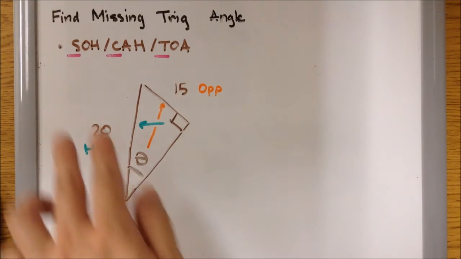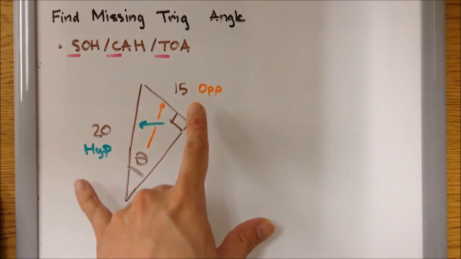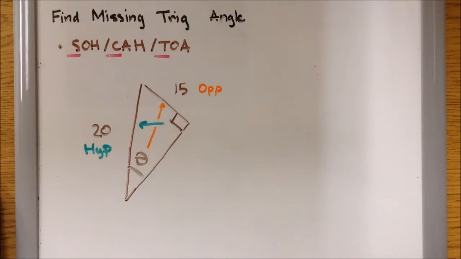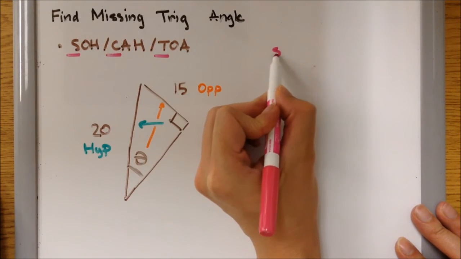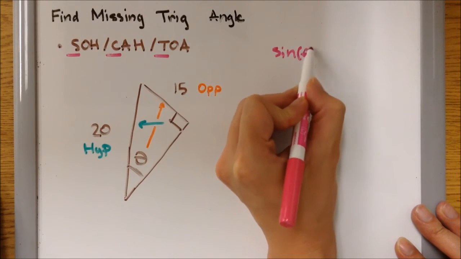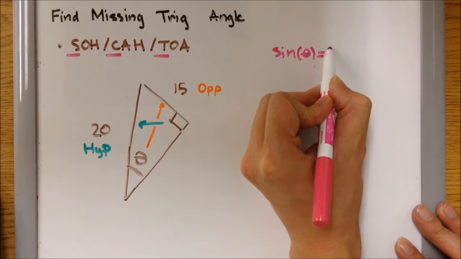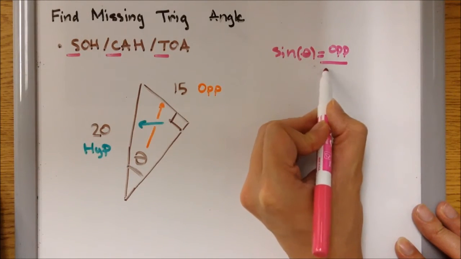Now looking at my SOHCAHTOA, the only trig function that has opposite and hypotenuse, meaning OH, is sine. So I'm going to set up my sine function. Sine theta is equal to opposite over hypotenuse.